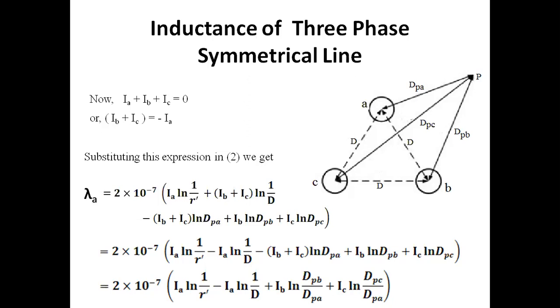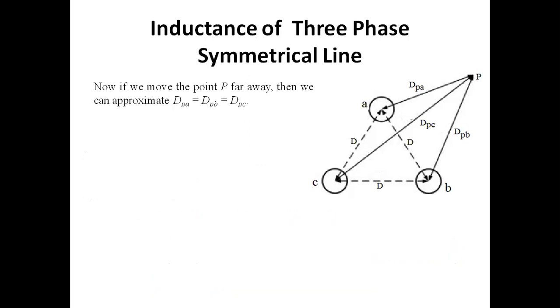In that case, these ratios can be taken as 1. So in our next step, we consider DPA equals DPB equals DPC, because they are at infinite distance and can be approximated like this. So this ratio becomes 1.